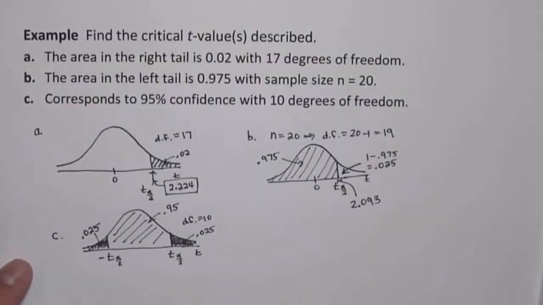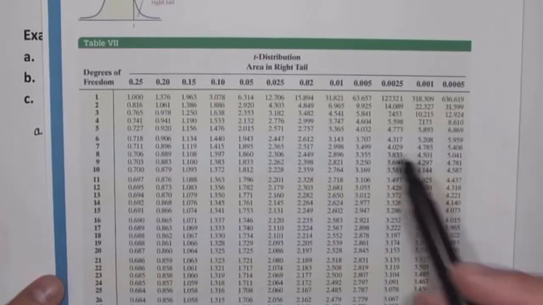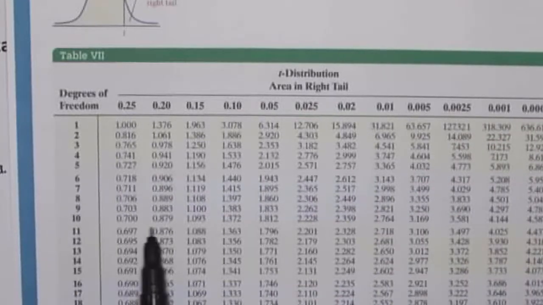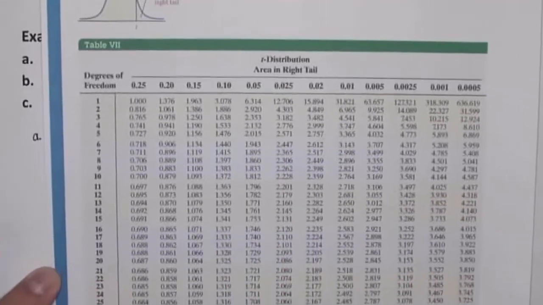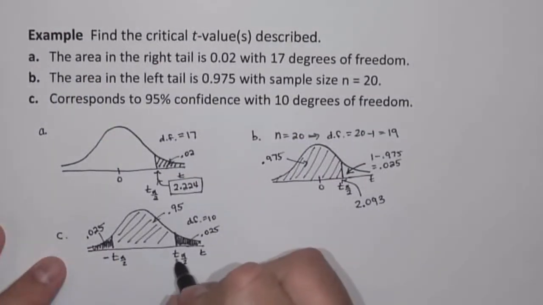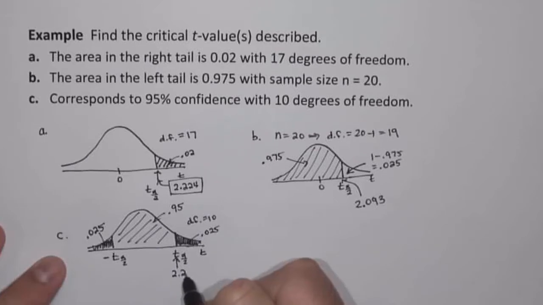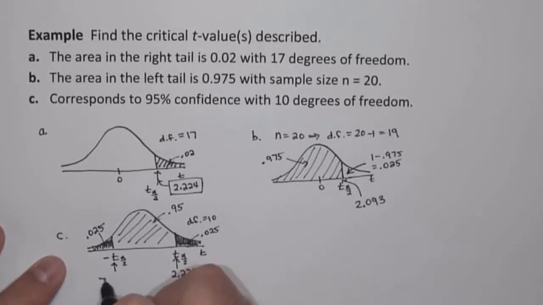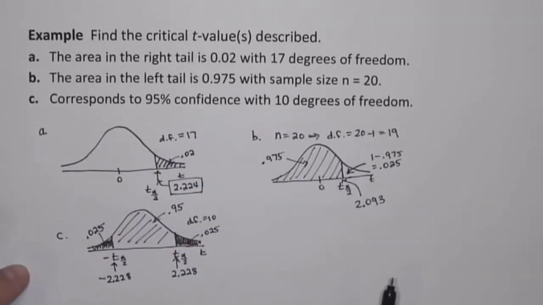In this case, we had 10 degrees of freedom. So using the 0.025 column coming down to 10 degrees of freedom for this row, then the right value is 2.228. So this value over here is 2.228, which means this value over here by symmetry is negative 2.228. So we were able to look up these critical values using the student's t-distribution table from the appendix of the book.